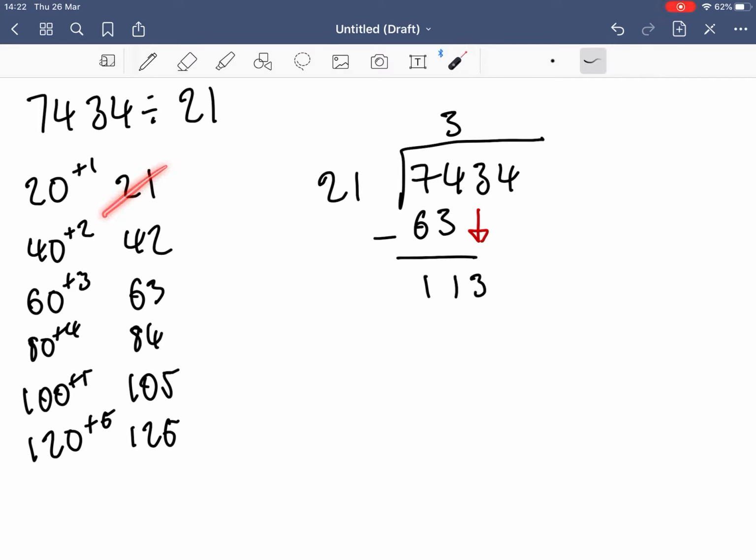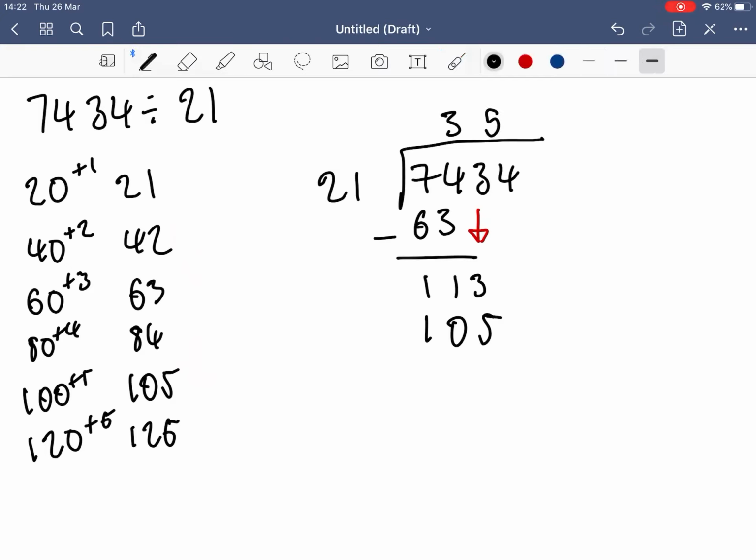We know 21 goes into 113, 42 does, 63 does, 84 does, 105 does, but 126 does not. So we drop our 105 just here. 1, 0, 5. Okay, how many 21s go into 113? So that's 1, 2, 3, 4, and 5. So I'm going to drop my 5 just there.